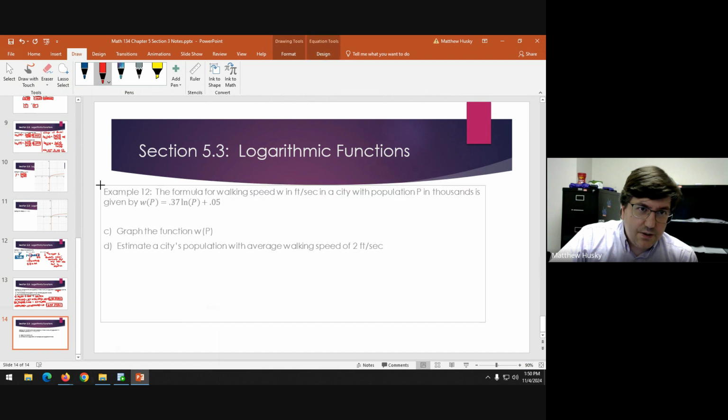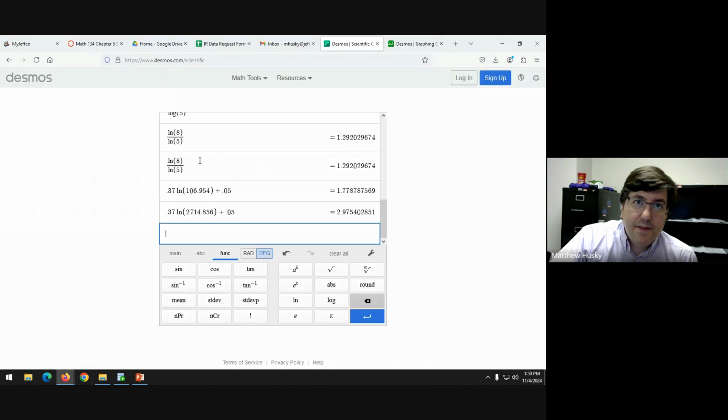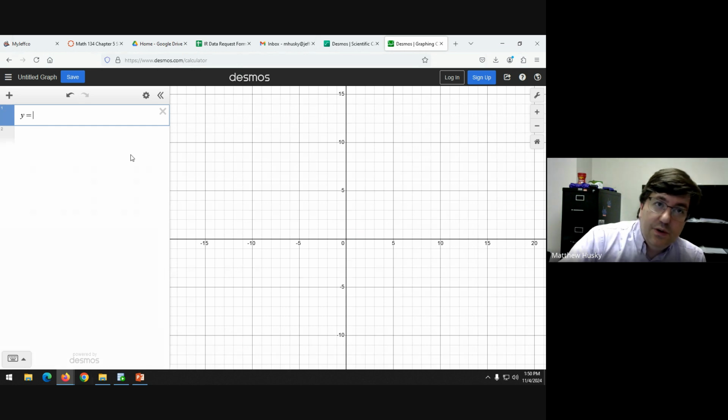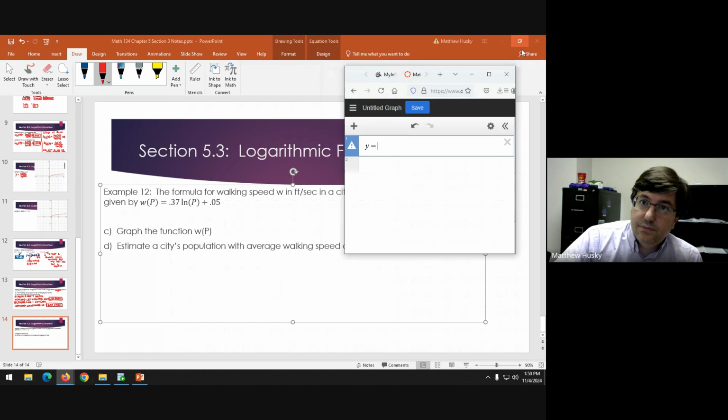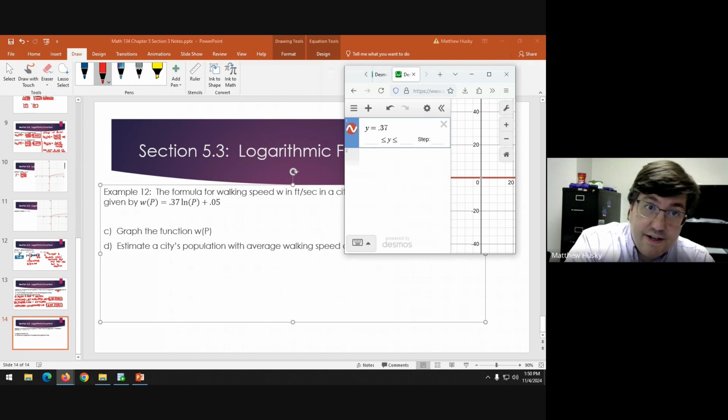Okay, so let's get our graphing calculator out here. What do we got? We got 0.37 ln of x, and we're going to add 0.05 to that.